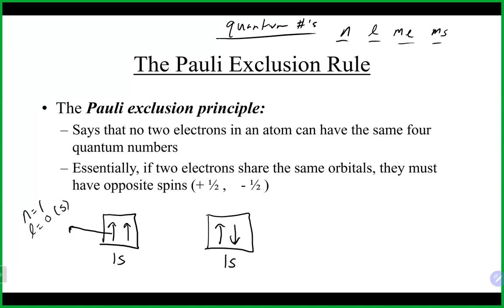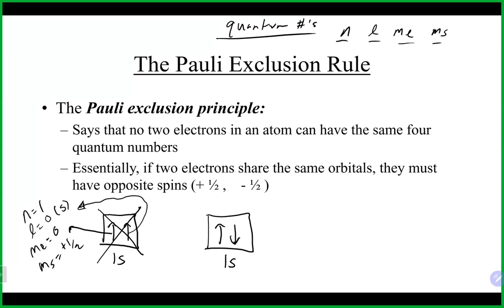The m sub l, the third quantum number, would be 0, and the m sub s would be +1/2. Now, this second electron pointing in the exact same direction would have the exact same four quantum numbers, and that would be a violation of Pauli's exclusion rule.